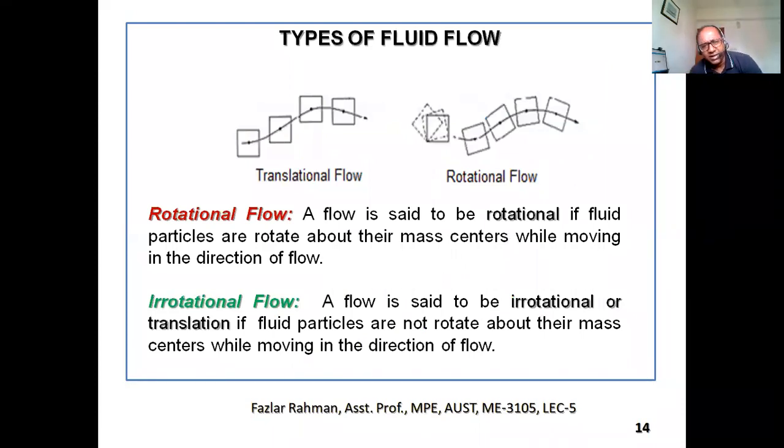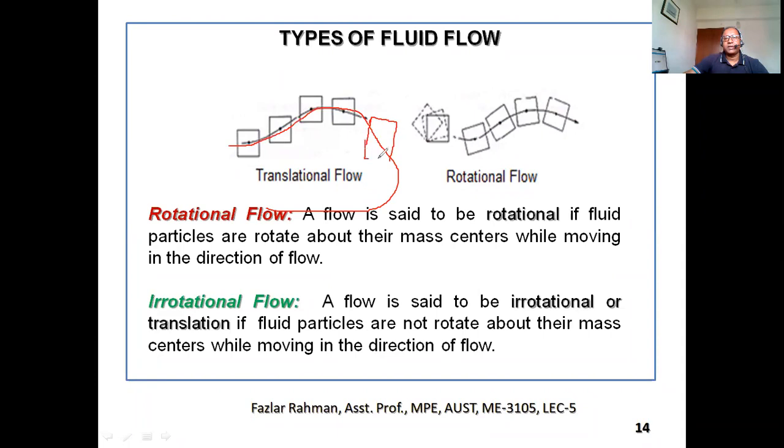Right over here, just giving an example of rotational flow and irrotational flow. So right over here, you see this one is irrotational flow or translation, because the fluid element, what is the path of the fluid element? It travels along this line, right? Or it might travel again or come back over here. But at each point you see the shape of the fluid element remains in the same position.